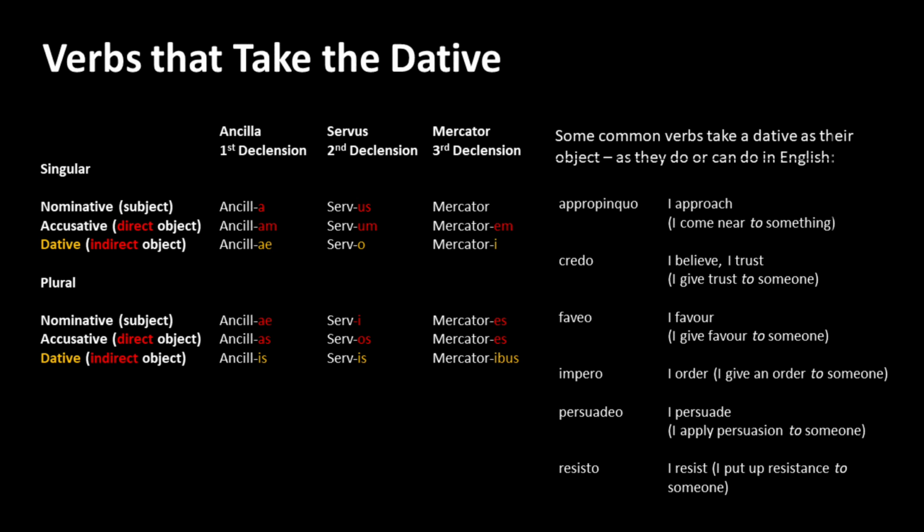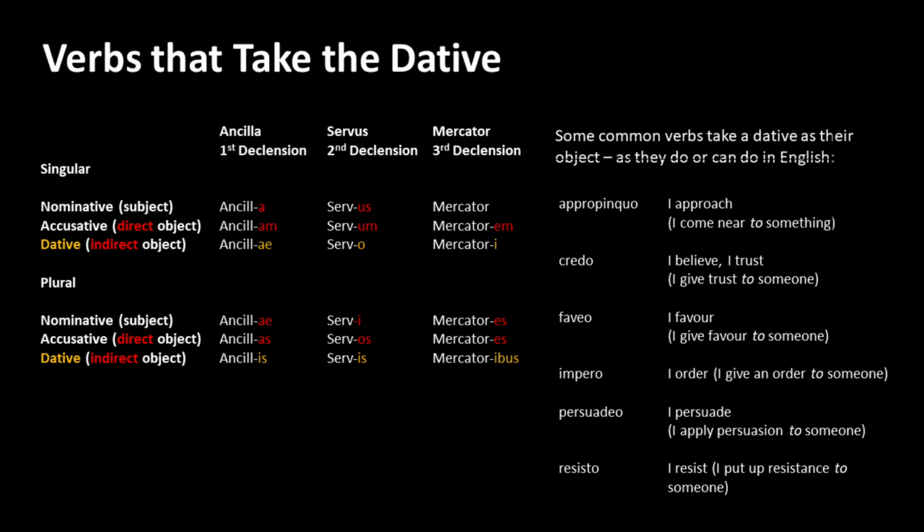Impero. I order. And you can turn that into I give an order to someone. Persuadeo. I persuade. I apply persuasion to someone. Resisto, I resist. I put up resistance to someone.